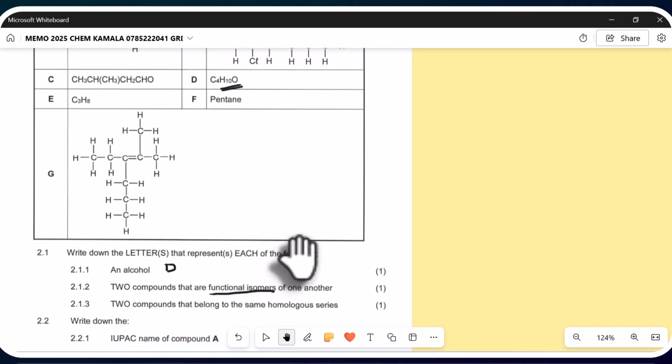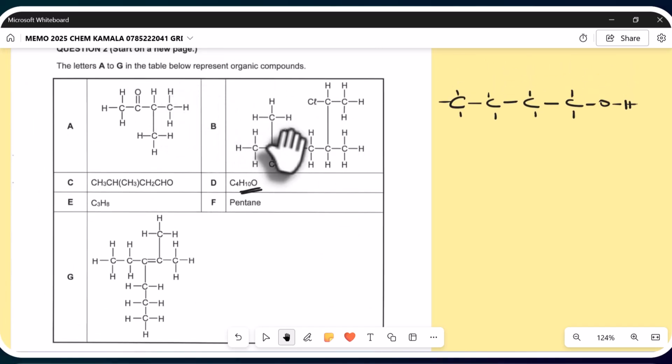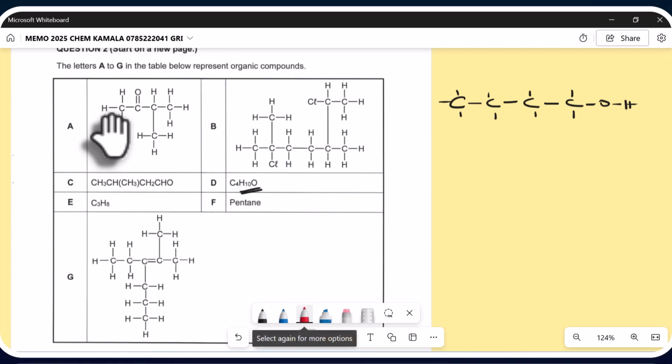If you look at our A and this our C, with A we have the carbonyl group, so the ketone. How many carbons are there? 1, 2, 3, 4, 5. So there are 5 carbons in it. Now if you check here, because of this HO, this is an aldehyde.